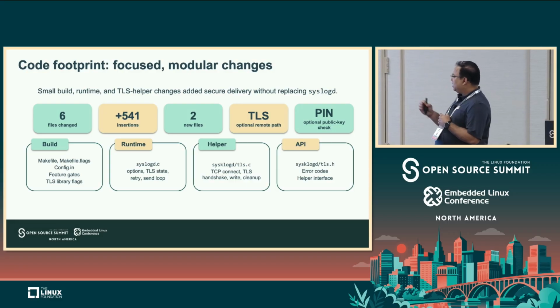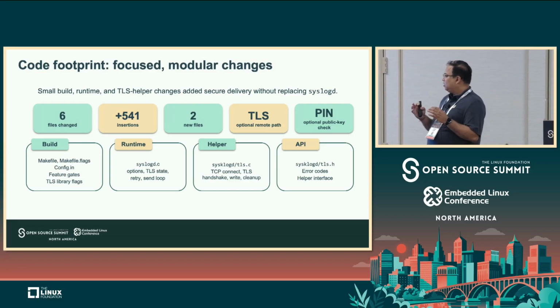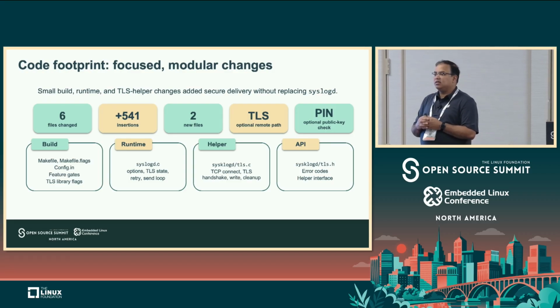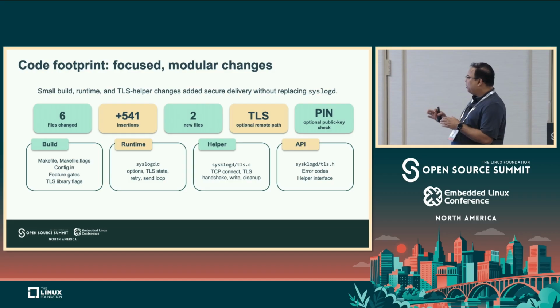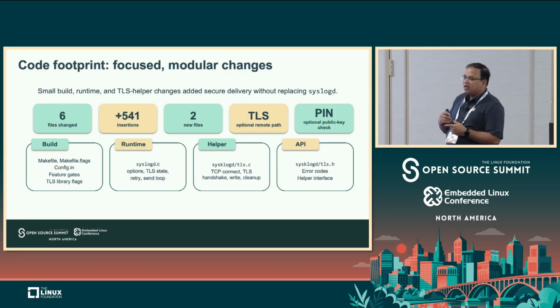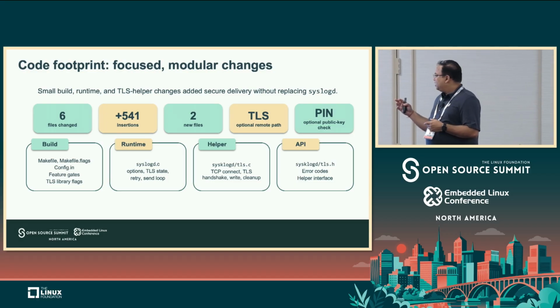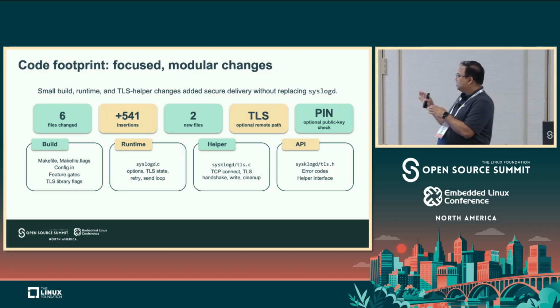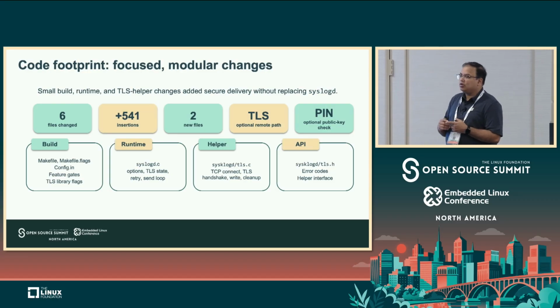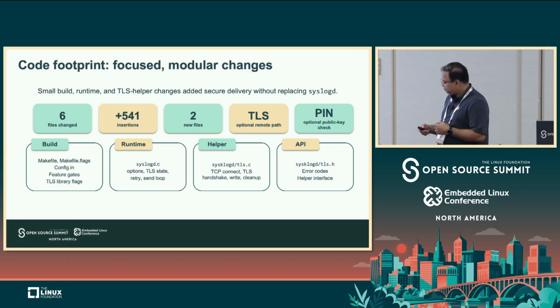In the runtime path, we have syslogd maintaining the options, the TLS state, the retry logic, and the send loop. The helper module has all the TLS functionality like connect, handshake, write, and cleanup. And the API part is in the tls.h header file, which has the error codes and the helper interface.